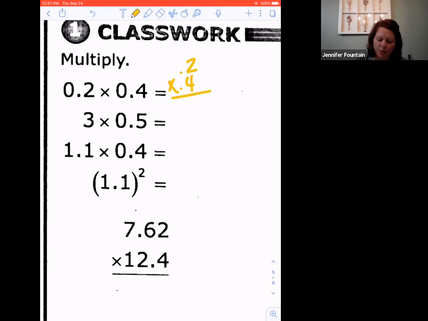And so 2 times 4 is 8. But notice that I've got 2 decimal places. And so what I would need to do is add in a 0 in front of the 8 to make sure that I've got my 2 decimal places. So I would need to put a 0 here and have 0.08. Because I've got to have 2 places after the decimal.